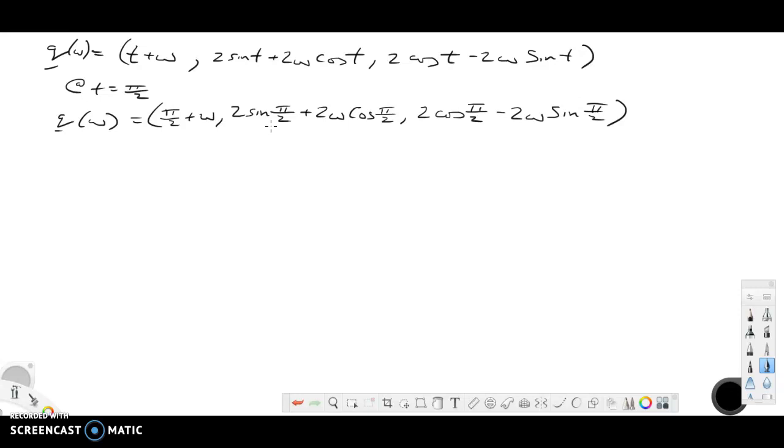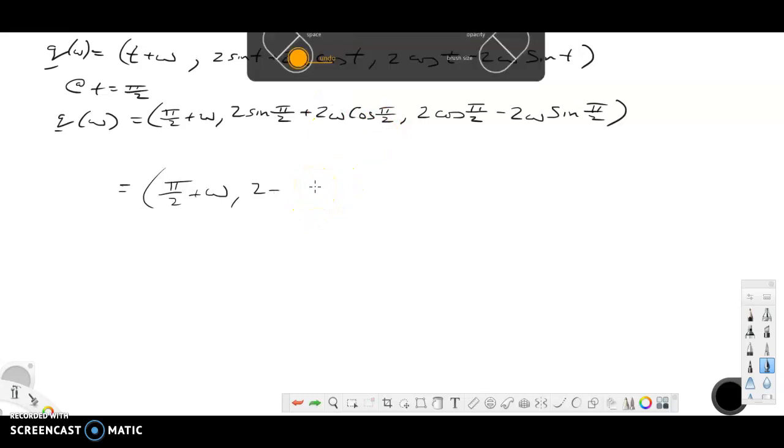Sine pi over 2 is 1. So the x component, pi over 2 plus omega, stays the same. Then we have 2 times 1, which is just 2, plus 2 omega times cos pi over 2. Cos pi over 2 is 0, so this goes to 0.